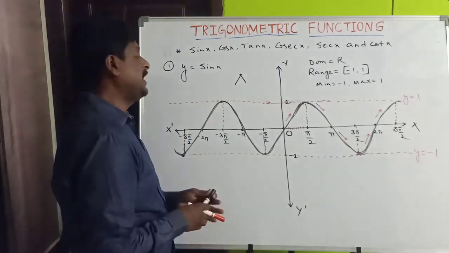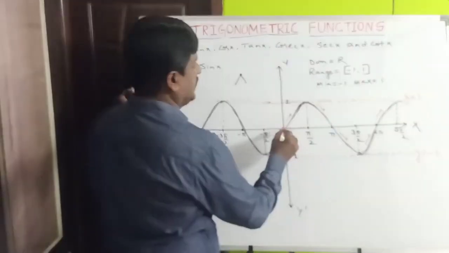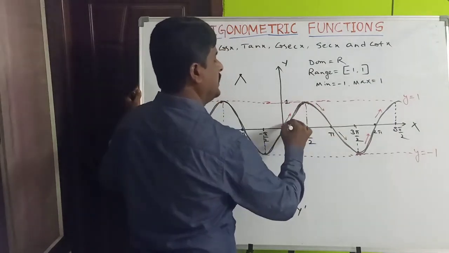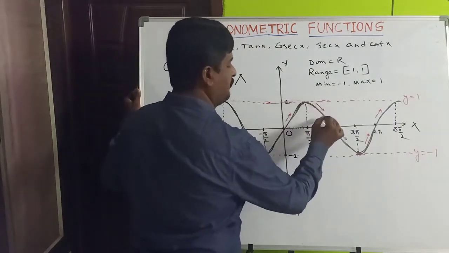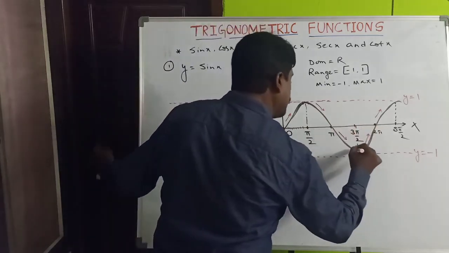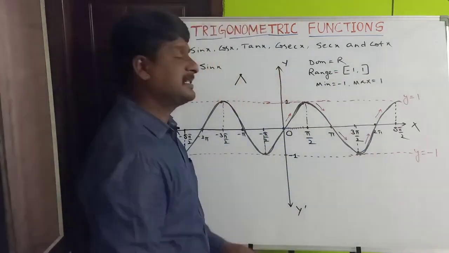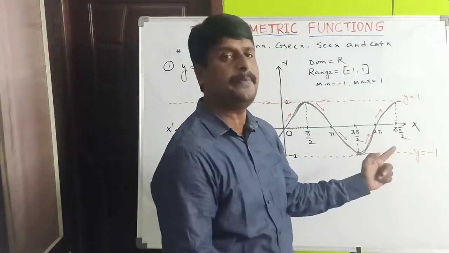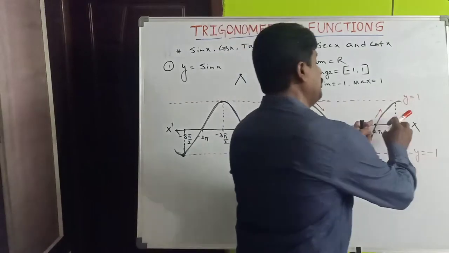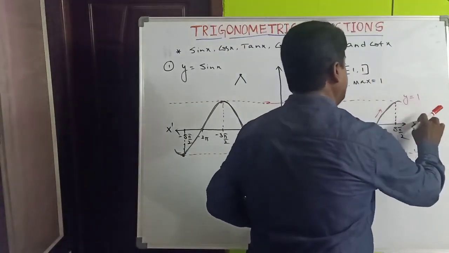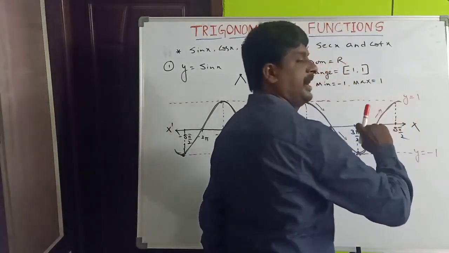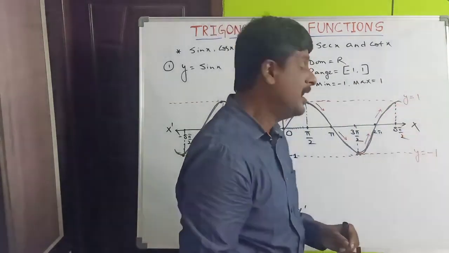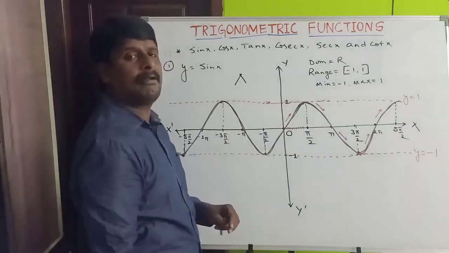And also the periodicity nature. Observe that from 0 to pi, one upward parabola. There is one loop of the graph. Again pi to 2 pi, one downward parabola. Because of inconvenience of place, I am drawing the graph of sin x till 5 pi by 2 only. If I continue like this, again we get 2 pi to 3 pi upward parabola, 3 pi to 4 pi downward parabola, which is already repeated earlier.